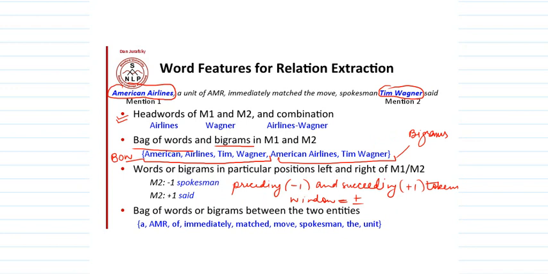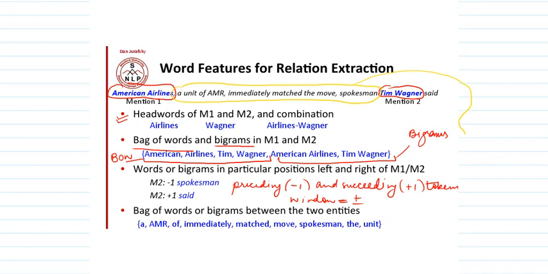So this is a very simple representation, but instead of moving on to a more complex representation, we could apply the bag of words or bigrams for the set of words present between the two entities, the sequence of words present between the two entities.